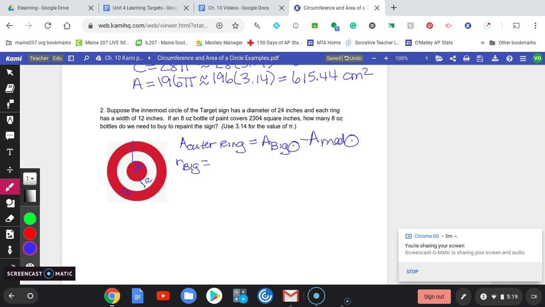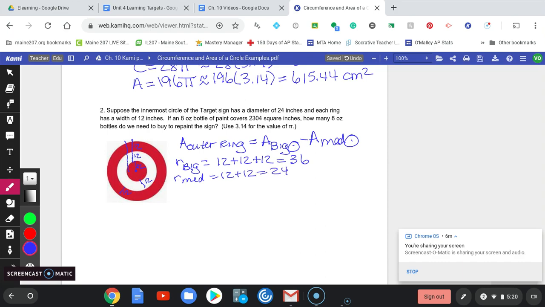We know that each ring has a width of 12, so the radius of the big circle would be 12 plus 12 plus 12: that small circle plus that middle ring plus the outer ring. That'd be 36. And the radius of that medium circle would be the inner bullseye radius plus 12, so that would be 24.